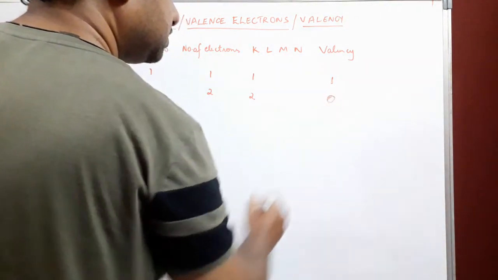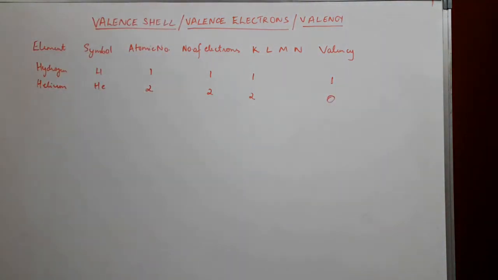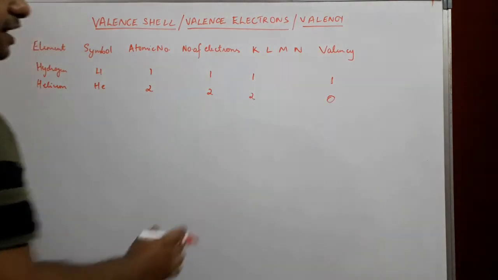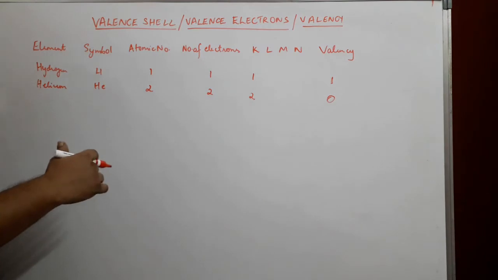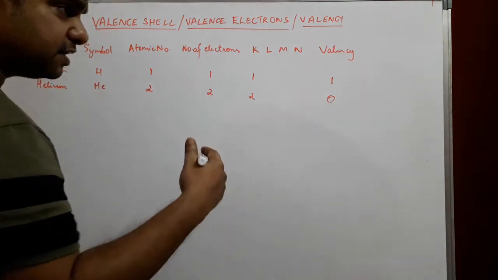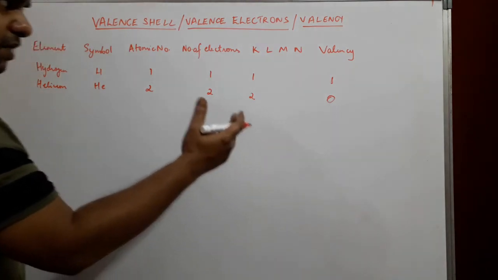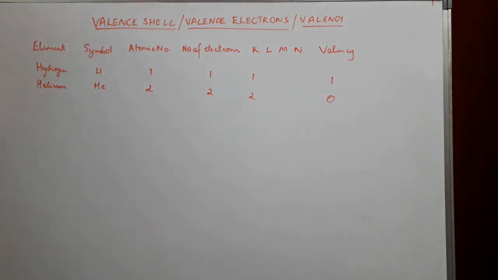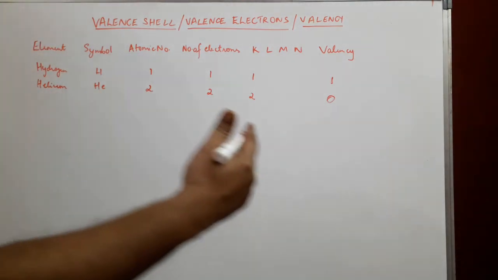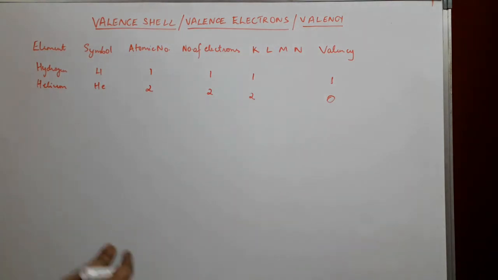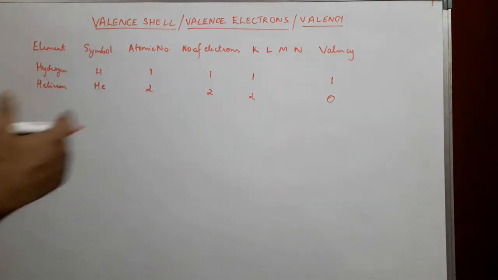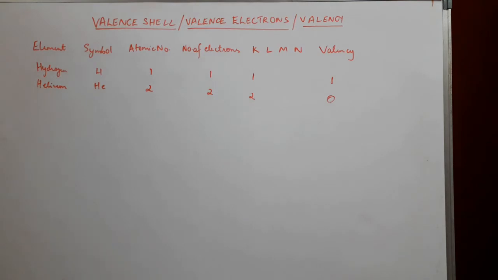0. The reason the valency of helium is 0 is because it doesn't need any electron, nor does it need to give an electron. The ability to give or to accept electrons is what we call the valency of an element.